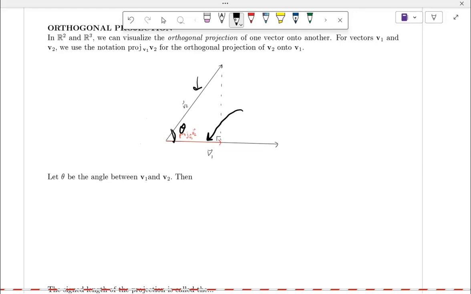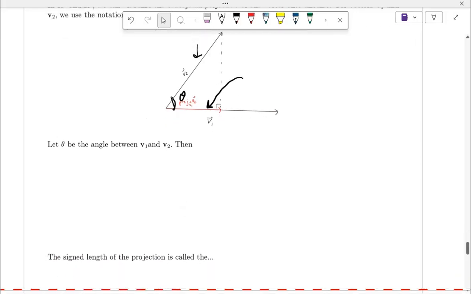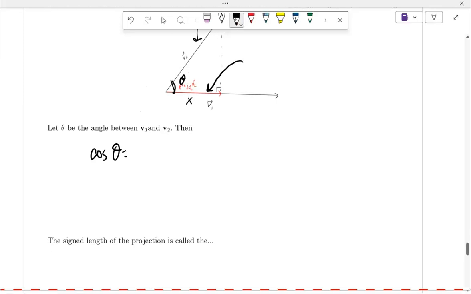Cosine, right? Okay. In particular, the cosine of theta has to be what? It has to be whatever the length of, I'm just going to call it x for the time being, and I'm going to solve for x. It'll be x, which would be the length of that side, over the hypotenuse, which would be the length of V2, isn't it? We agree with that? Okay.